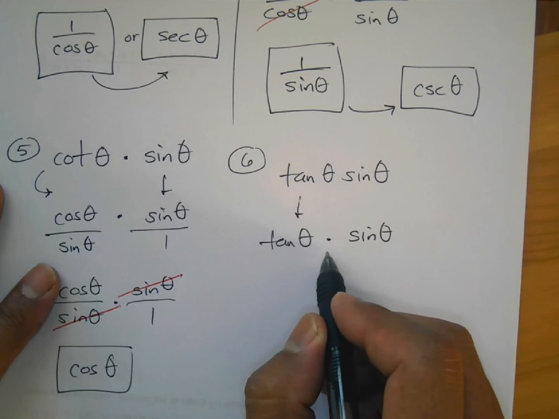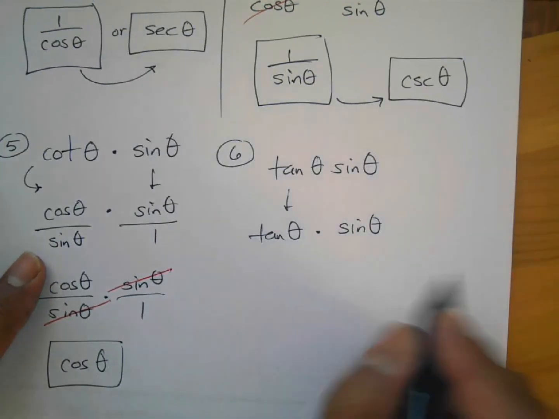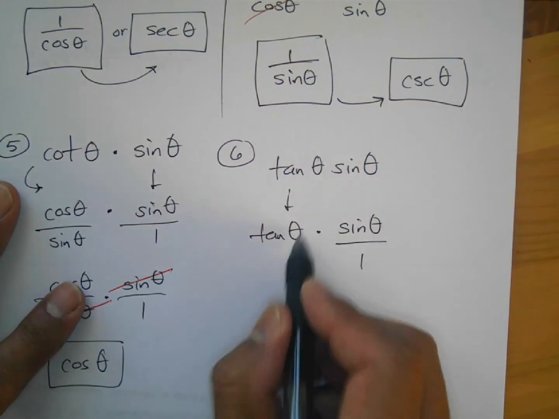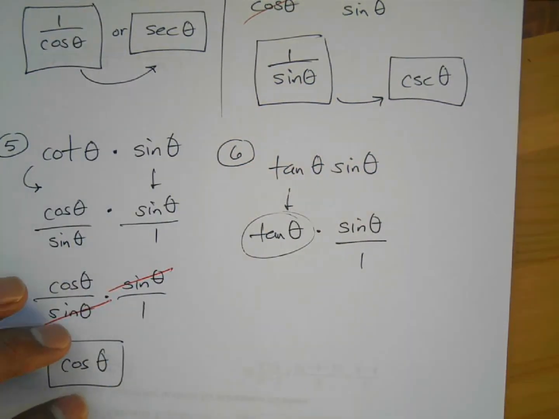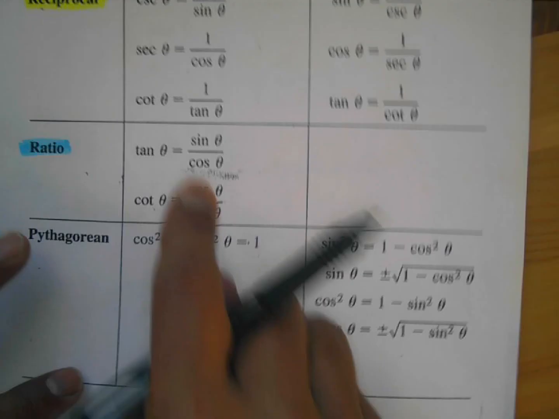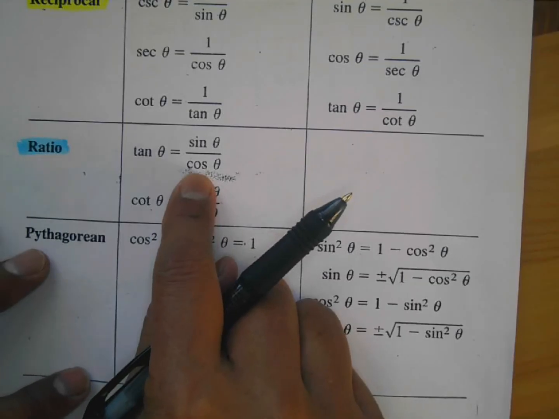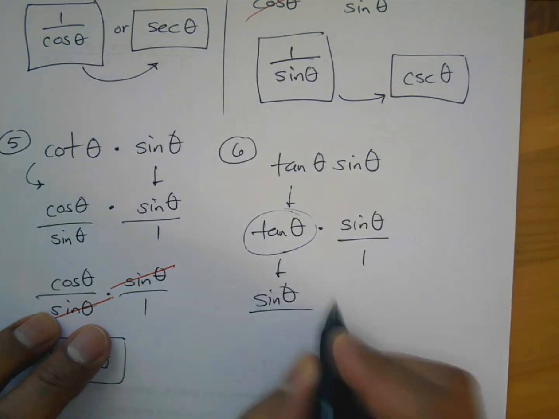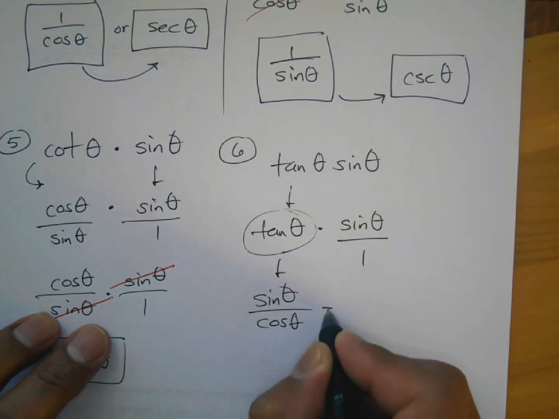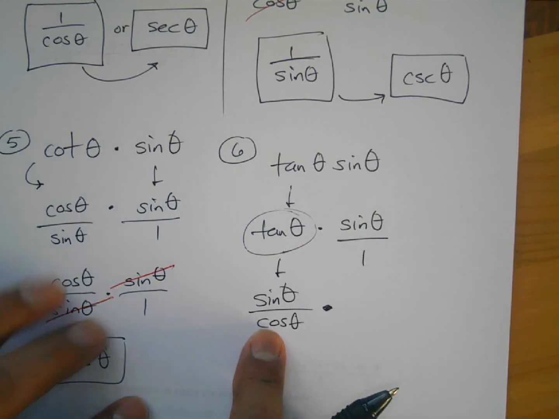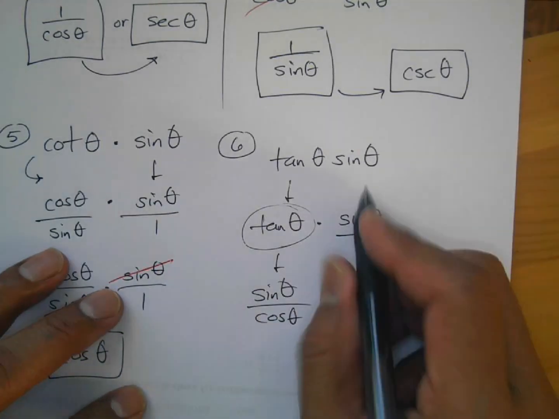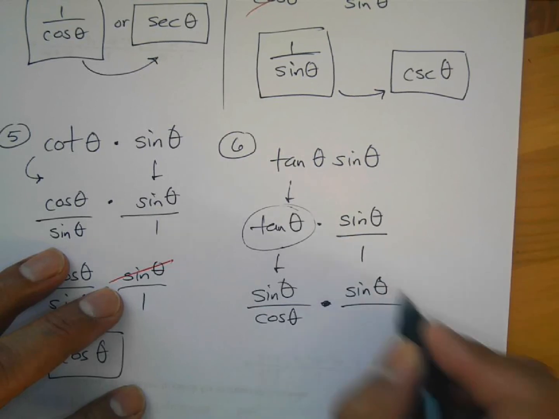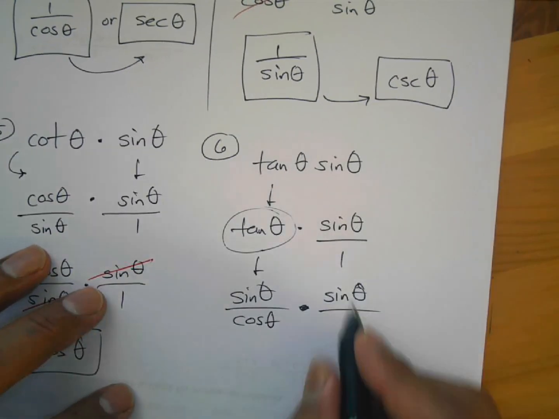Well, sine is already sine over 1, and remember, I want to work only with sines and cosines. Tangent, though, is the one you've got to change. What's our new form of tangent that includes sine and cosine? Tangent is sine over cosine, times sine. I'm going to leave it because I want to work only with sines and cosines.